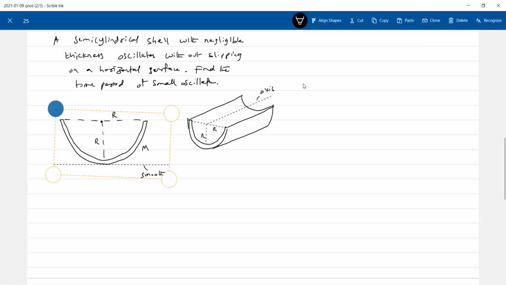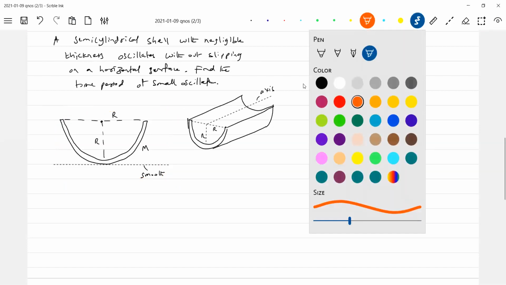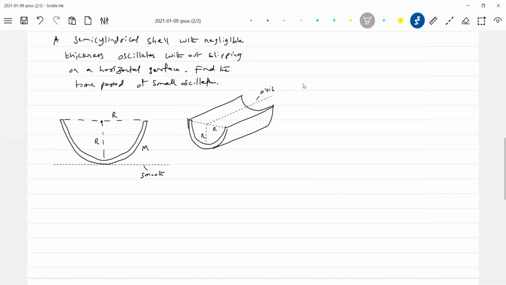Wait a minute. Just wait. I'll shade the below one. There's a ground, a horizontal surface. Okay, now what will oscillate? How will it oscillate? It will oscillate like this.